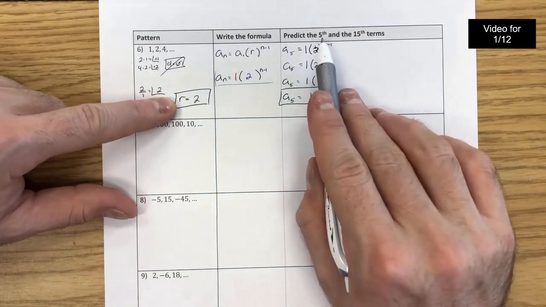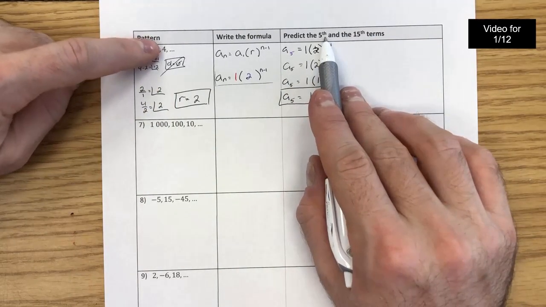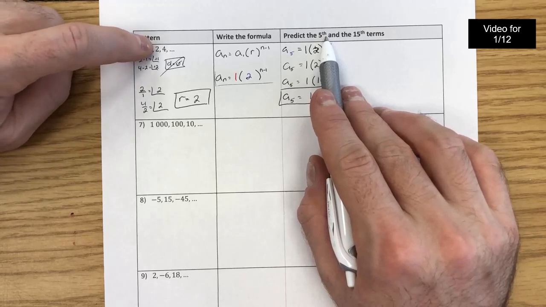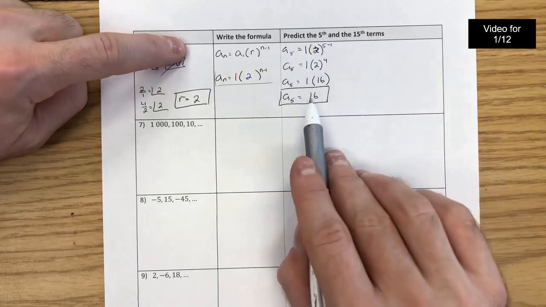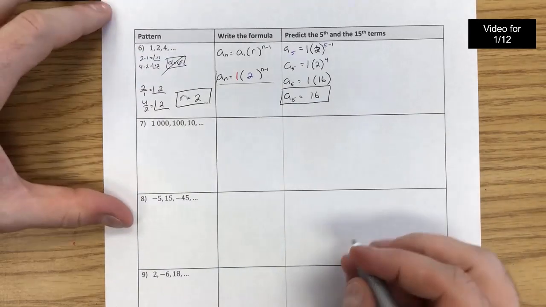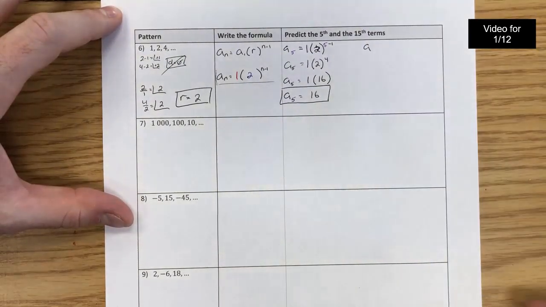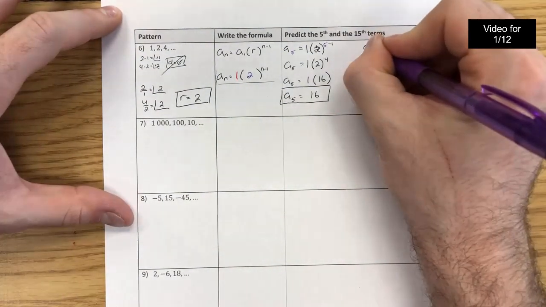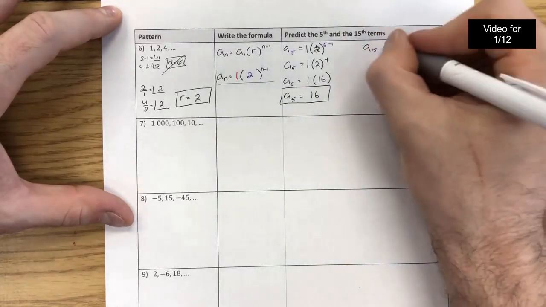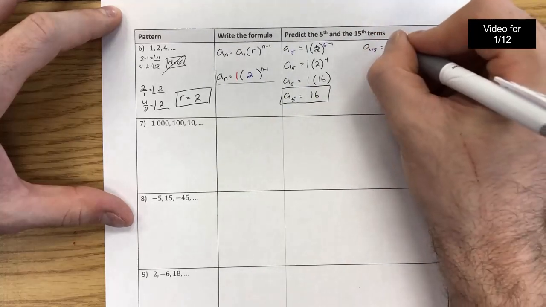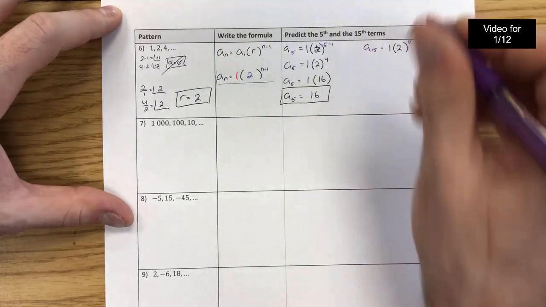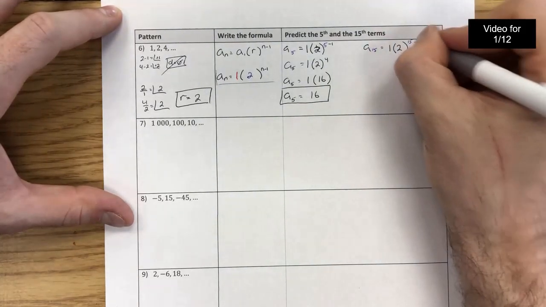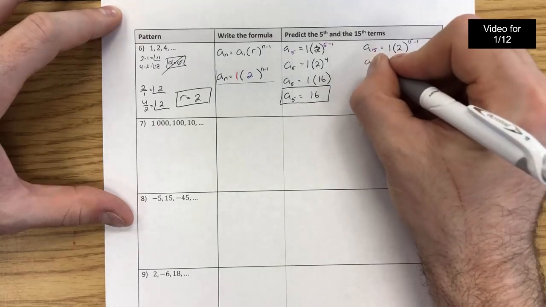And we can actually verify that by saying, okay, if I were to count out to the 5th, that'd be 1 times 2 is 2, times 2 is 4, times 2 is 8, times 2 is 16. Yep, we're good. And the same thing is going to happen if we try and predict the 15th term. So that's going to give me 1 times 2, 15 minus 1, so 14 additional times.